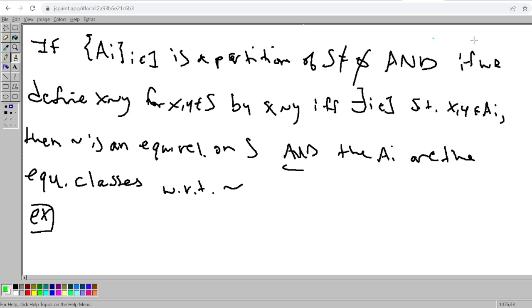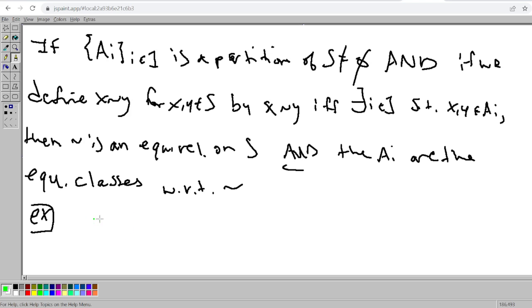Basically, if we define it and then if there's an i such that they exist, then the equivalence relation itself exists, and the A_i themselves are the equivalence classes.